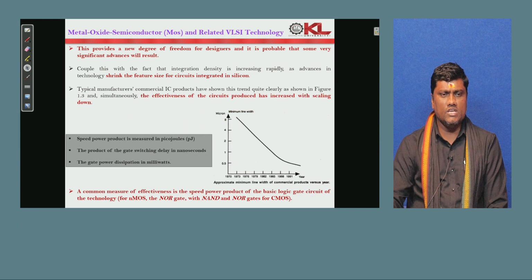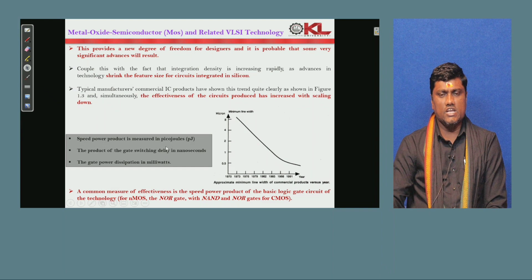The speed power product is measured in picojoules, and the switching delay is in nanoseconds. We can see the minimum line width shown here is decreasing drastically.